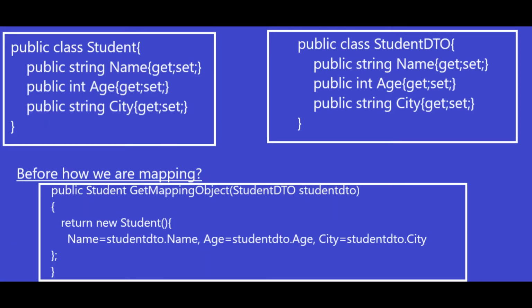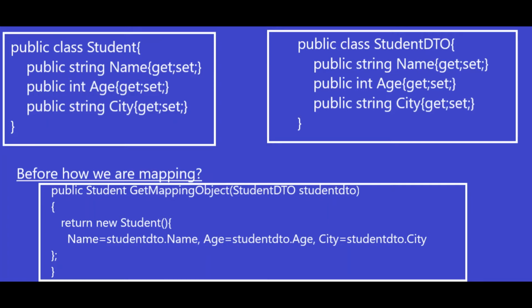Let's start with an example. Here I taken two classes, one is student class and another one is student DTO class. We want to convert student DTO class object to student class type. So here I taken one method whose return type is student and the request parameter object is student DTO type.